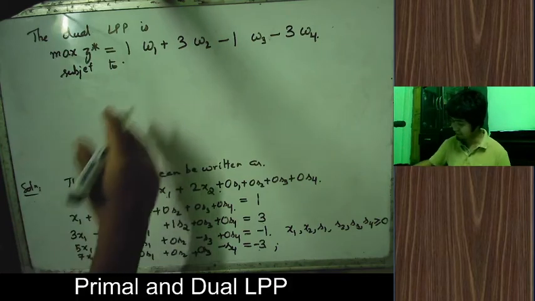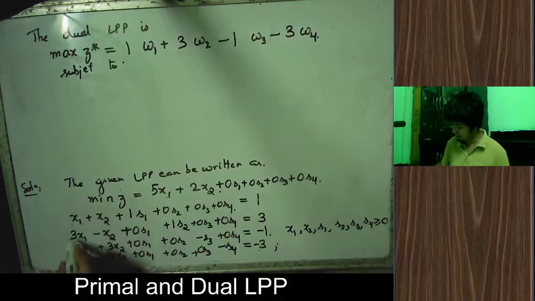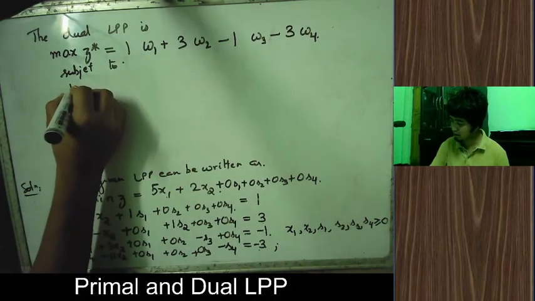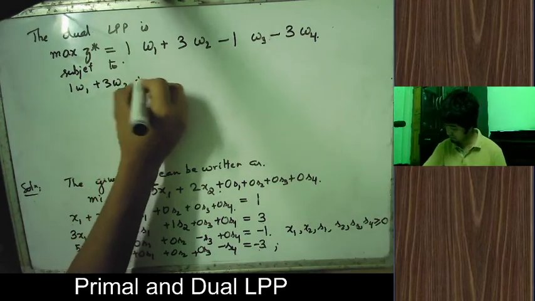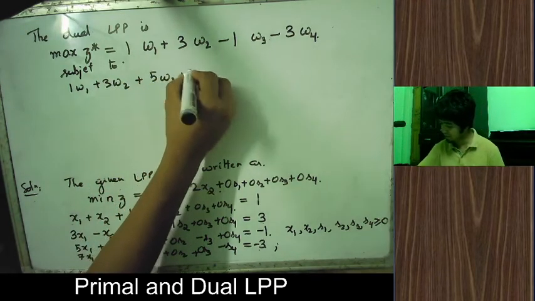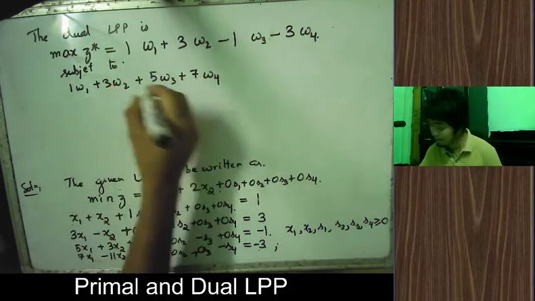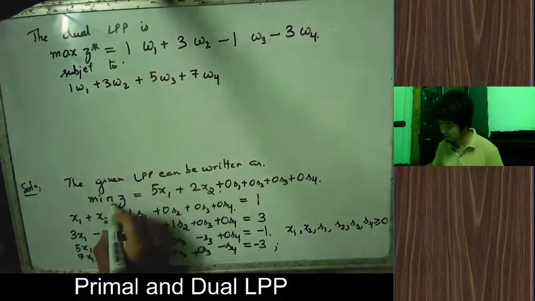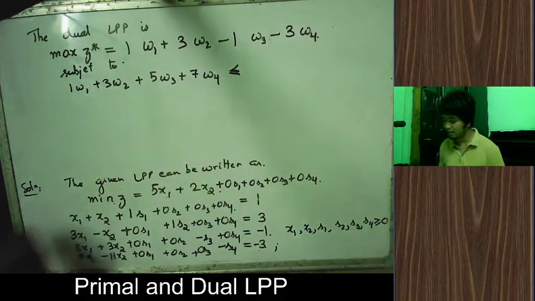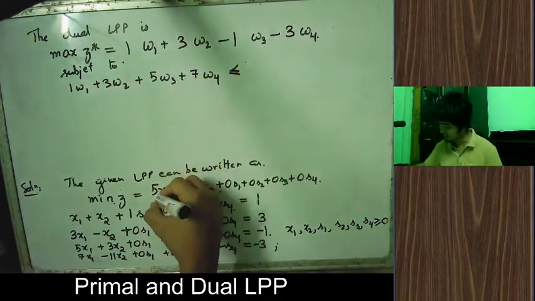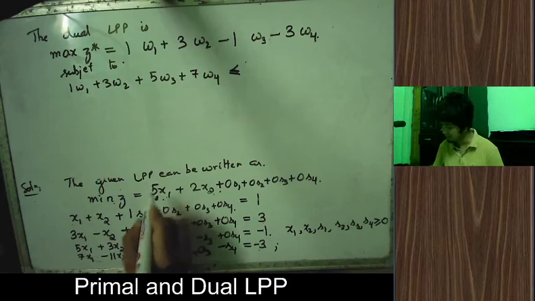Everything has to be written in terms of the variables now. 1, 3, 5, 7: 1 w1 plus 3 w2 plus 5 w3 plus 7 w4. Because it is a minimization problem, this one will be less than or equal to 5, because it is related to x1.